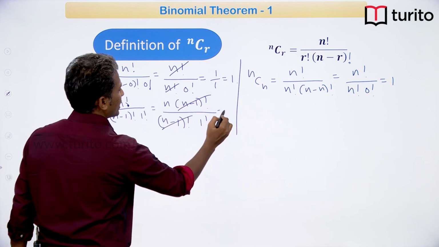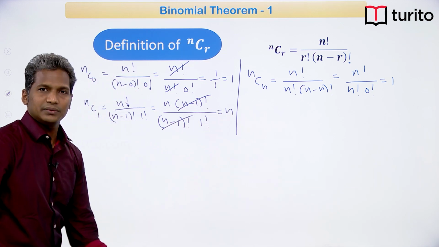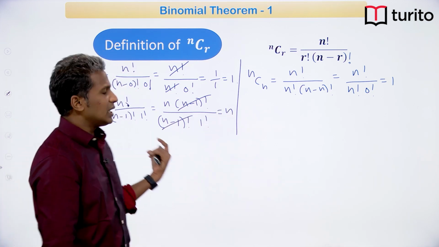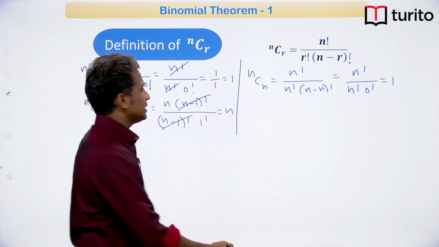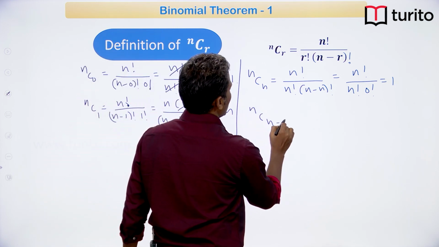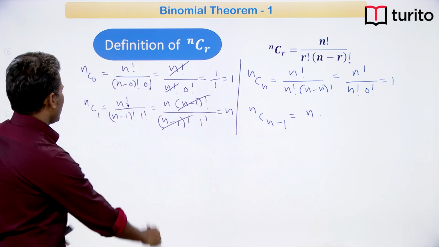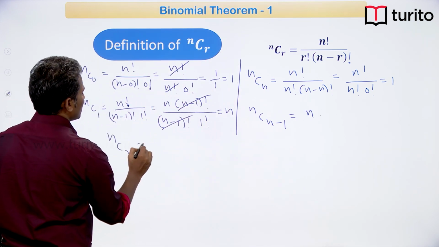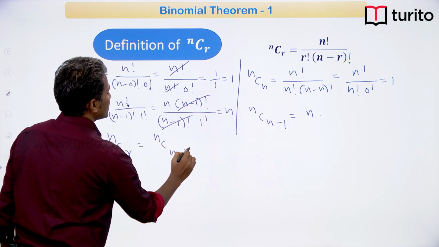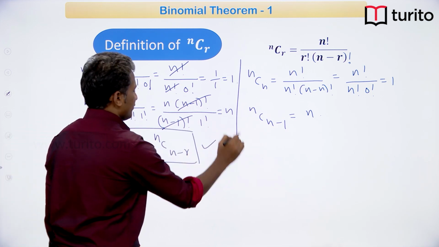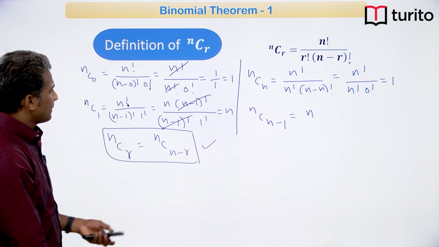So n minus 1 factorial will get cancelled, we will get n, right. Similarly, we can also find out nC n minus 1, and this is also going to be exactly the same as n. So in fact, we can observe that nCr is equal to nC n minus r. This is always a valid statement.